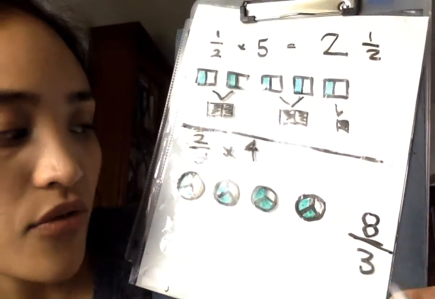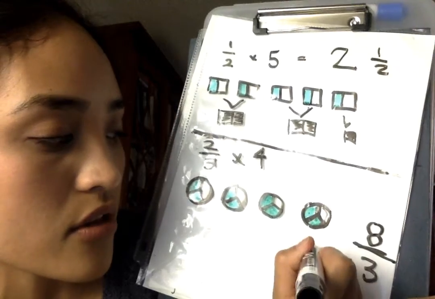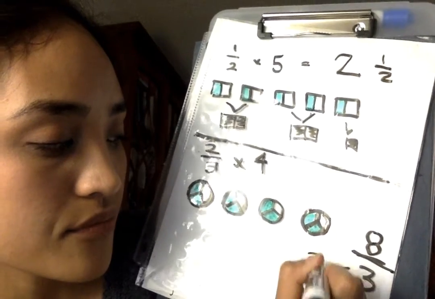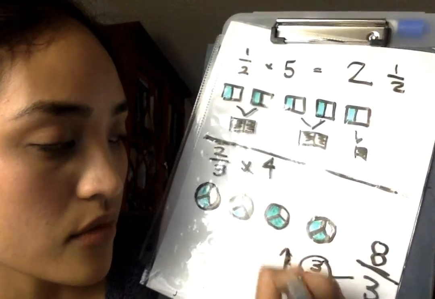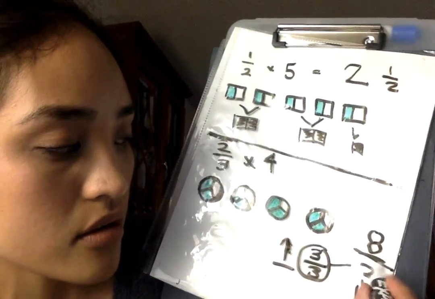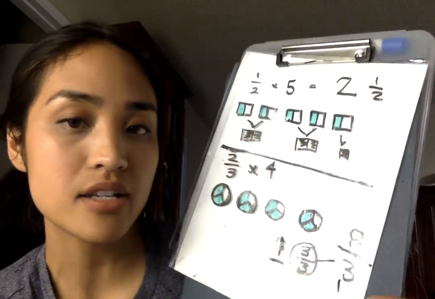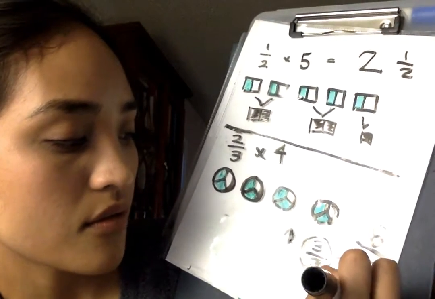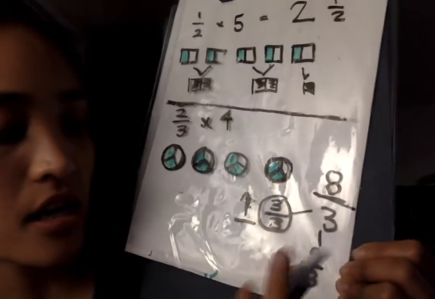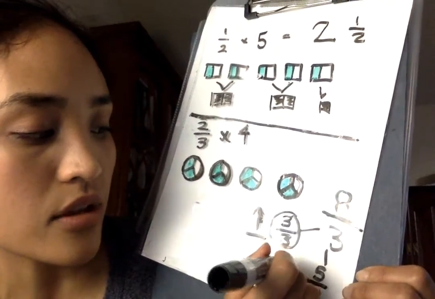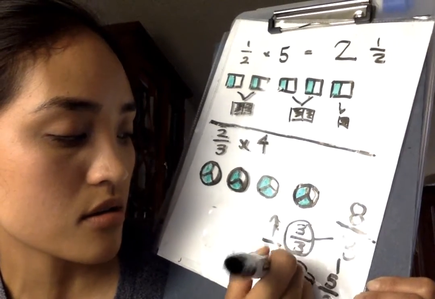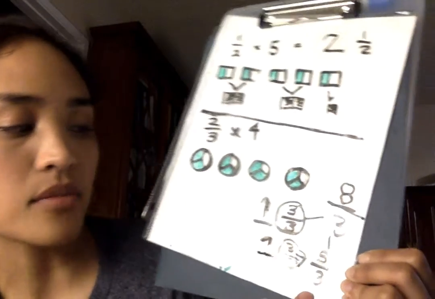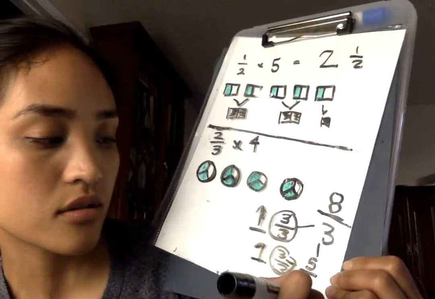So 8/3. I know that 3/3 can go into it, so that's one whole right here. And then I'm left with, what's 8 minus 3? 5/3. Can I decompose some more? Yes. So I'll take 3/3 out over here, which equals 1, and then I'm left with 2/3.